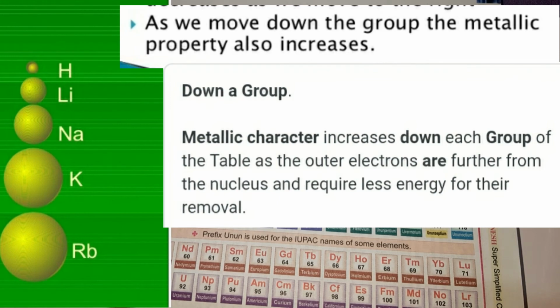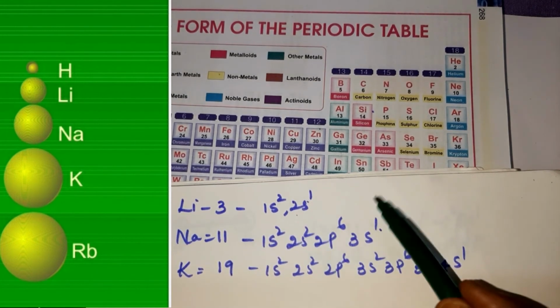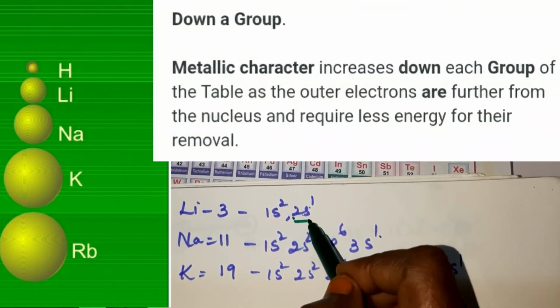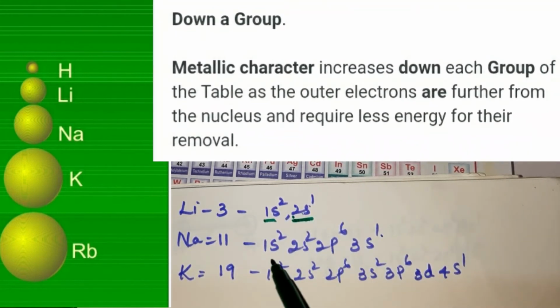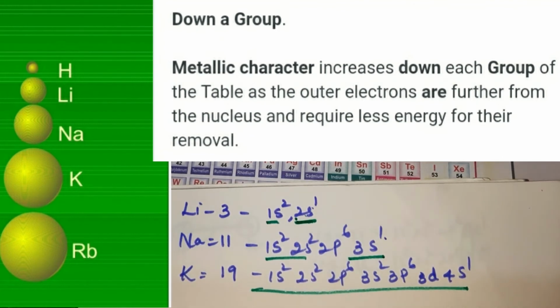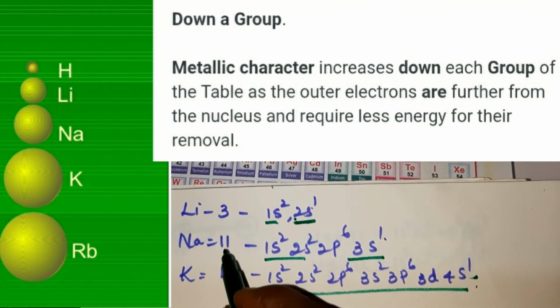For example, take lithium, which has only 2 shells. Sodium has 3 shells. Potassium has 4 shells. Because of the higher number of shells, the electrons are farther away from the nucleus and require less energy for their removal.